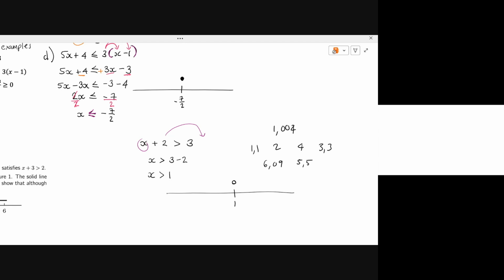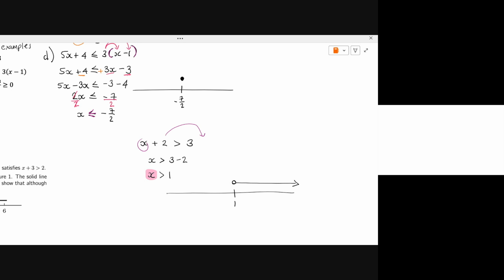All of these numbers are greater than 1, right? And we know that all of these numbers represent x, right? And because x is every number greater than 1, we're going to draw all the numbers in that direction going on forever. And what do we call it when numbers go on forever and ever? What do we call that in mathematics?